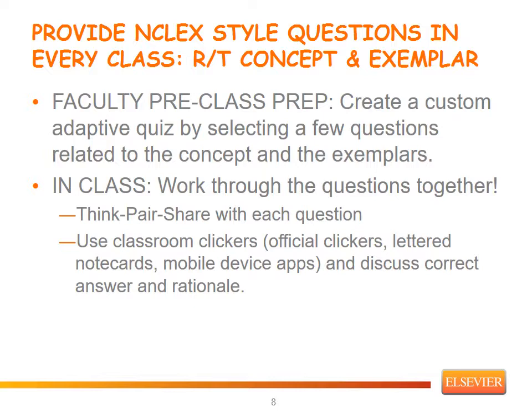There are lettered note cards that you can purchase or make with colored note cards. And of course, there are multiple mobile device applications where you can actually have the students answer questions, and we can anonymously see the trend and the answers. And of course, having a discussion about the answer and the rationales is key.